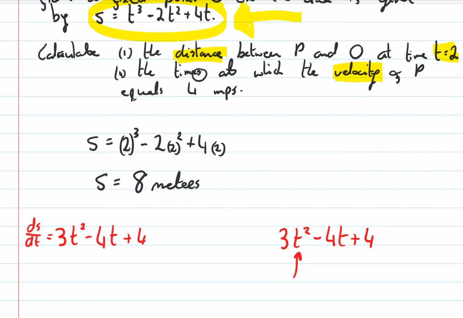I am looking for the times when the speed equals 4. Okay, so some people might think, oh, that's easy, I'll just put the 4 in for t and find out the speed. No, if you put the 4 in for t, you would be finding out the speed after 4 seconds. That's not what we're asked to do. We're asked to find out at what time is the speed 4 meters per second. Okay, so at what time is the speed at 4?